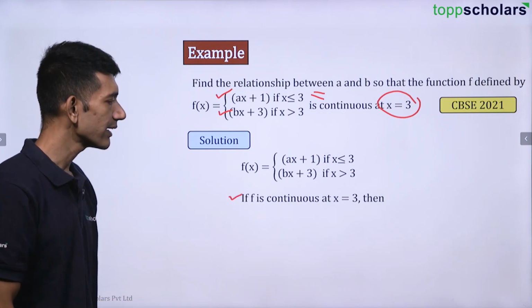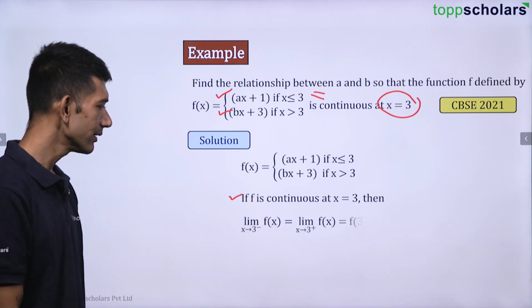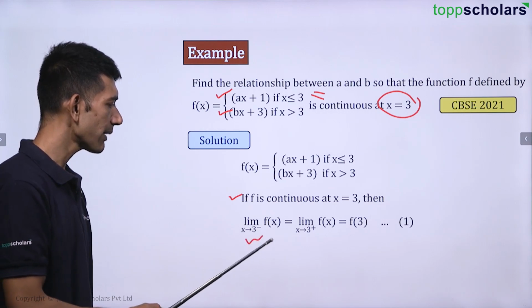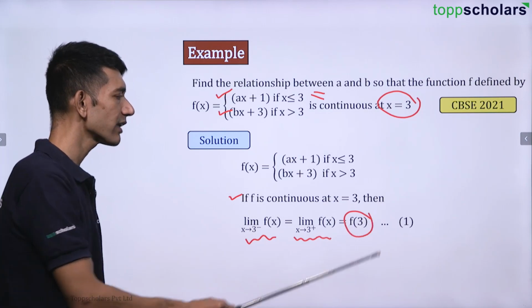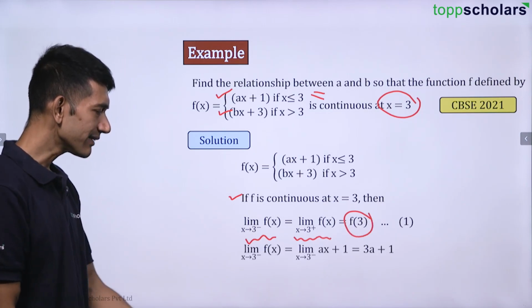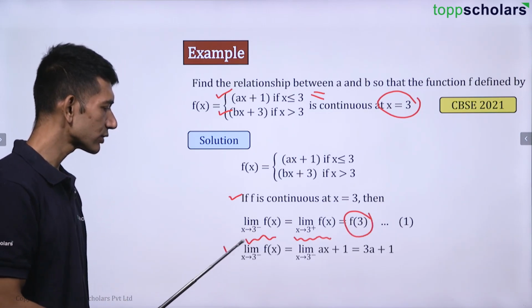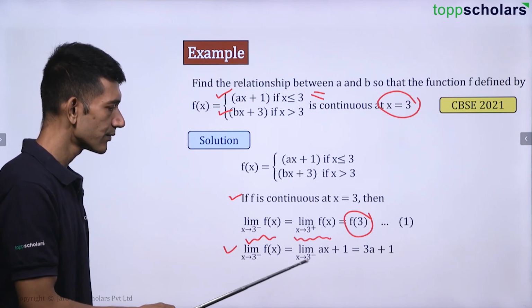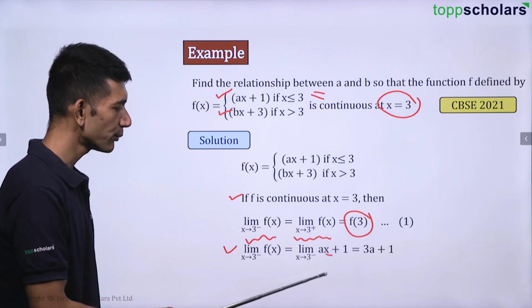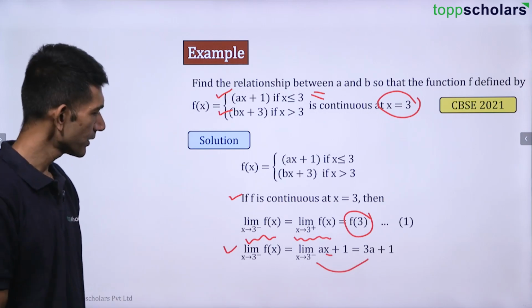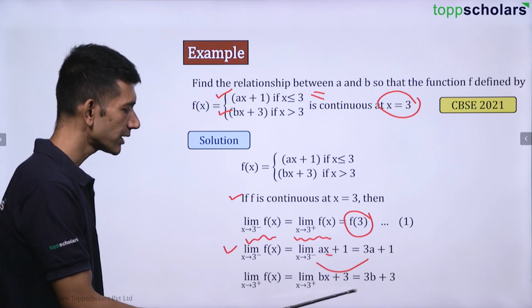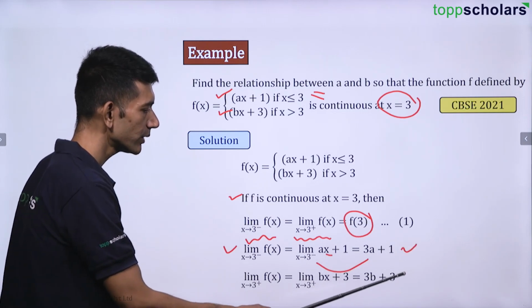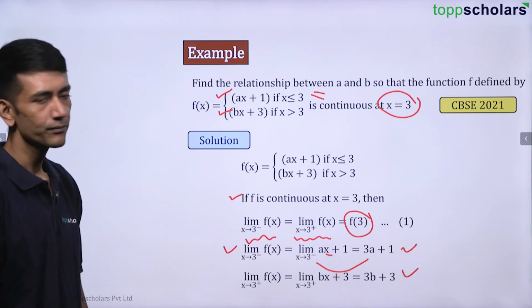So, f is a continuous function at x is equal to 3, then limit x tends to 3 minus f x and limit x tends to 3 plus f x, and of course f of 3, all the three values are equal. So let us equate that. This is limit x tends to 3 minus f x, correct? So that becomes, instead of x you put 3, that becomes 3a plus 1. Then limit x tends to 3 plus f x becomes 3b plus 3. So this is 3a plus 1, this is 3b plus 3, correct?